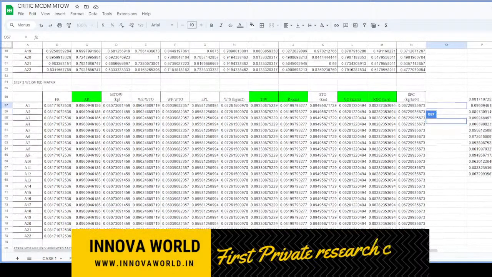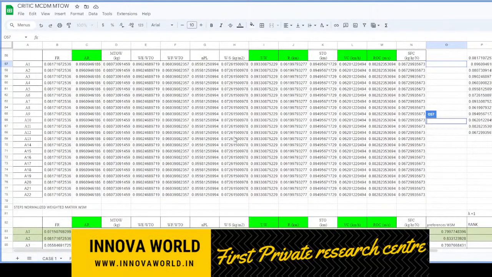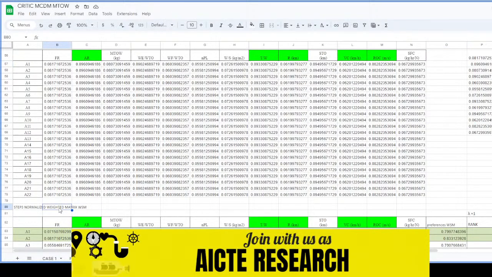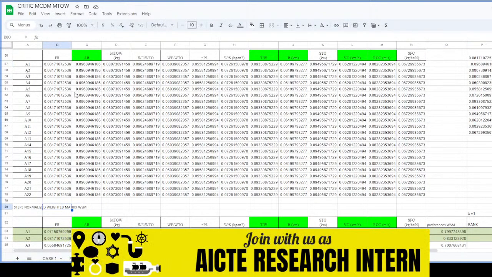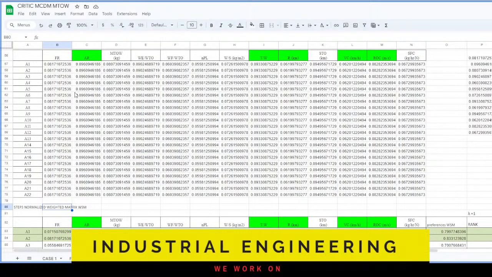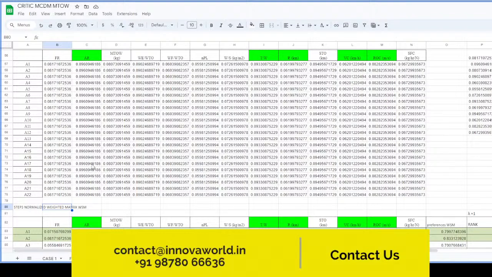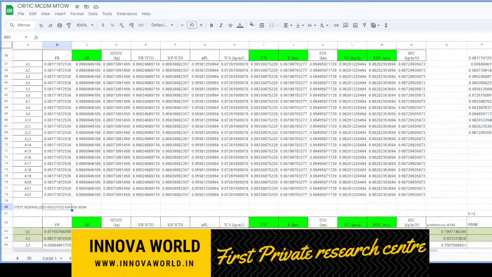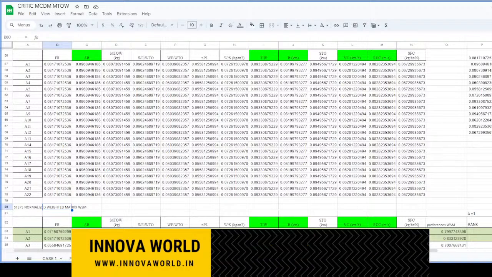Now this is a very common step to all MCDM techniques. The next step depends on the method, whether you're using TOPSIS, WASPAS, or any other MURA method. As you can see, I have shown WASPAS, MURA and TOPSIS. Each one of them has a different technique.